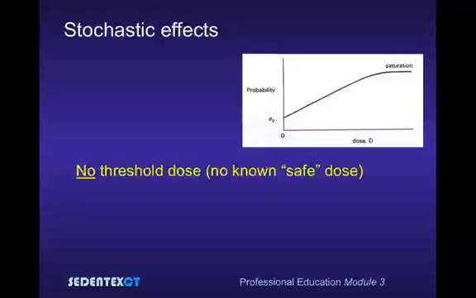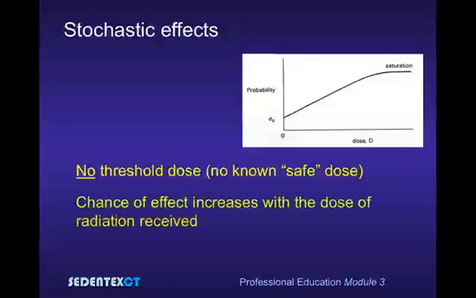In other words, any dose of radiation could cause damage. As we increase the dose of radiation, the chance of that effect occurring increases. And there are no known recovery processes. It's this lack of a threshold dose which is of major interest to us in terms of radiation protection.